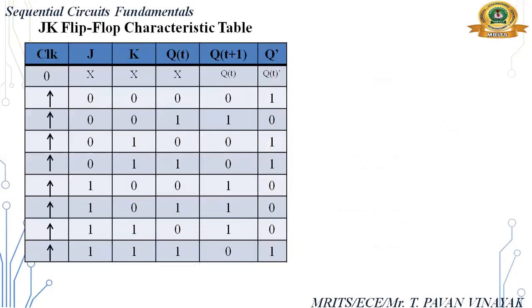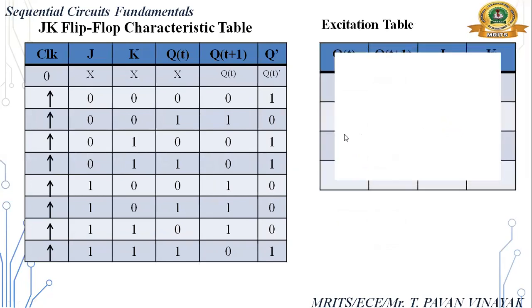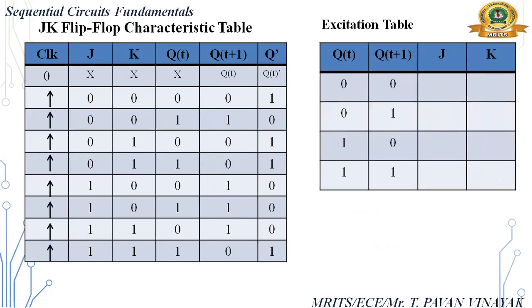Next, the excitation table. From the characteristic table, you have to prepare the excitation table. Check here: Q of t plus 1 is 0, 0. Where do we get 0, 0 in this table? We get 0, 0 here itself and here also, only two conditions.